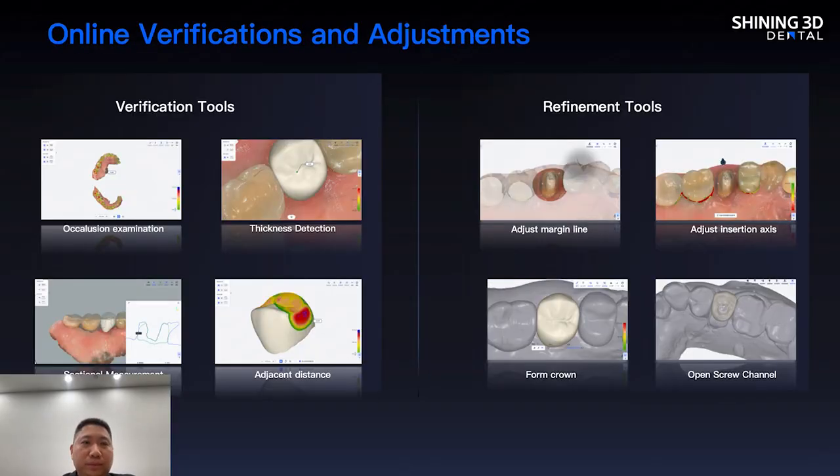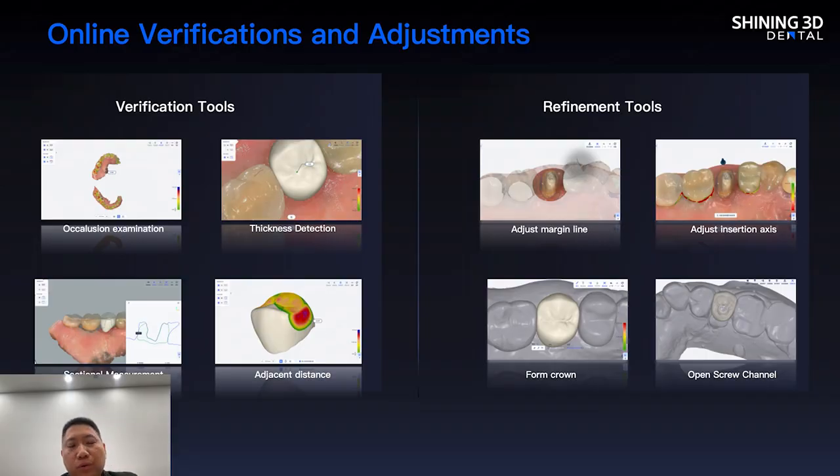As I mentioned previously, we provide a lot of verification tools and refinement tools online. First, occlusion examination. We will calculate the occlusion distance for the two arches automatically, and we will also check the thickness of the crown to see if it meets the material requirement.